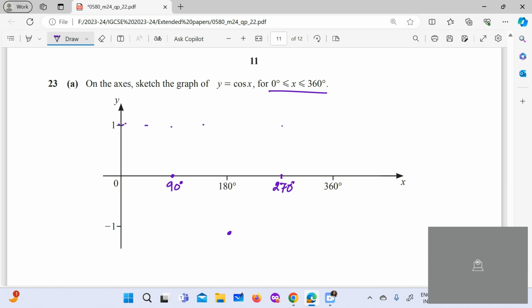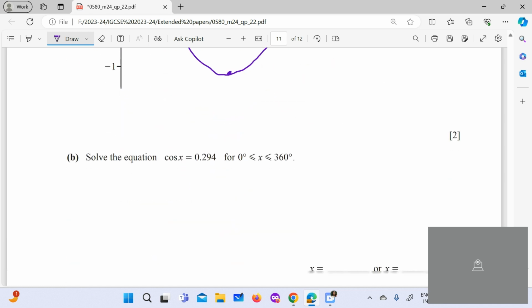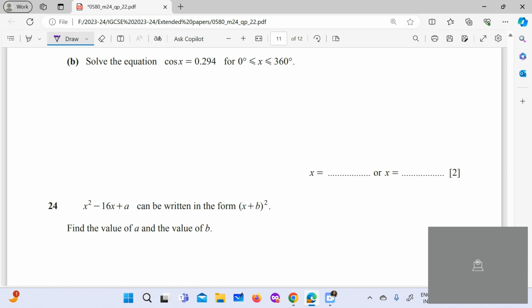So make sure that you are marking them properly. Now we can join them. Okay, so this is done. Now come to the next question.